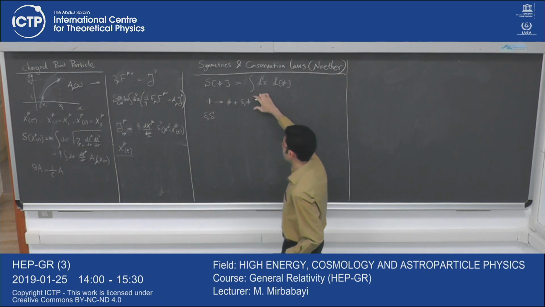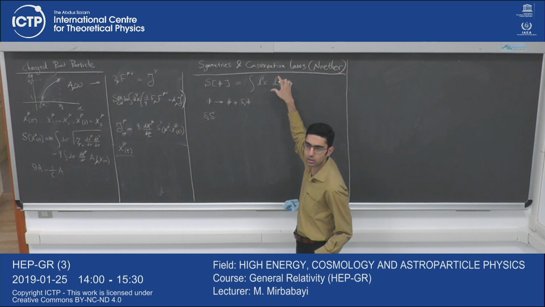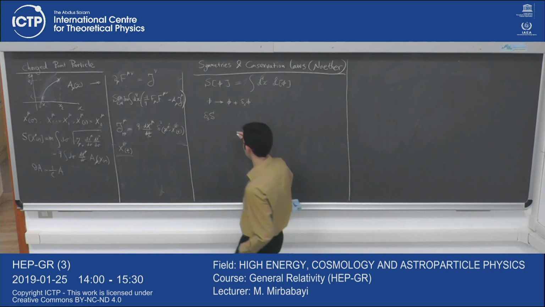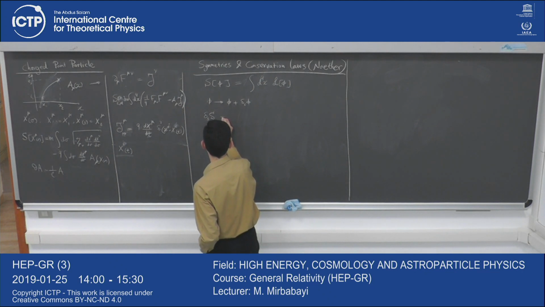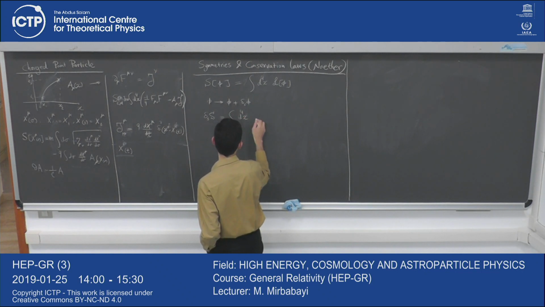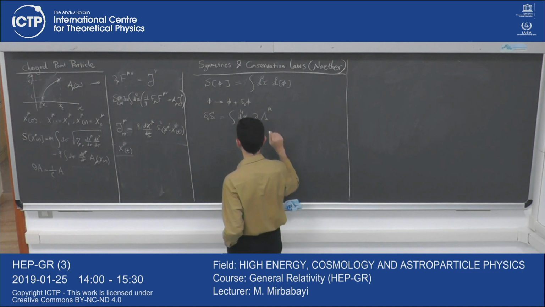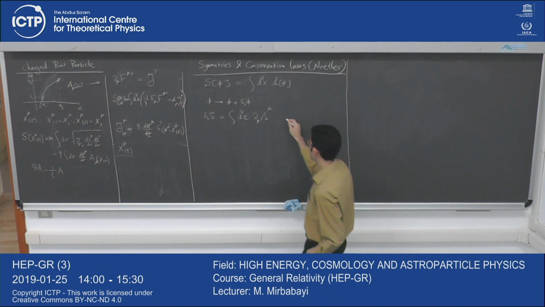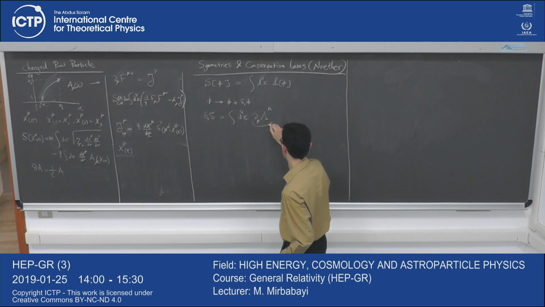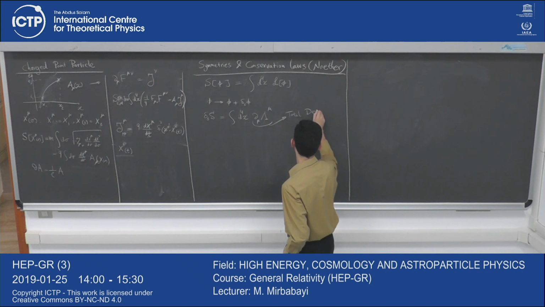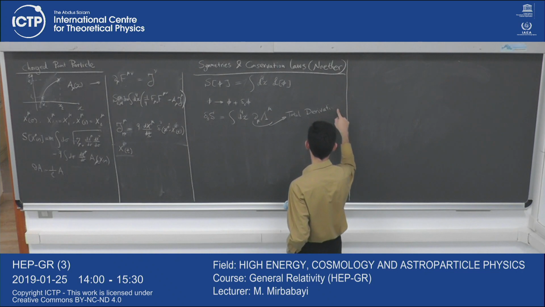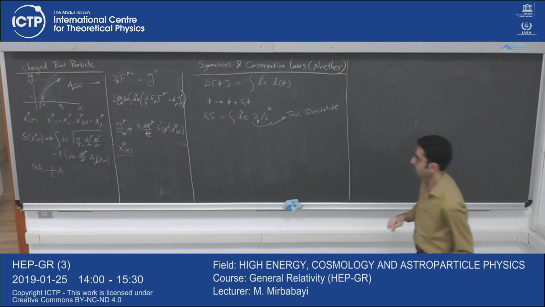So if we do this variation of the field in this action and we linearize in delta s phi, then delta s of the action is going to be the integral d4x times d mu of some lambda mu, some total derivative, a total divergence.